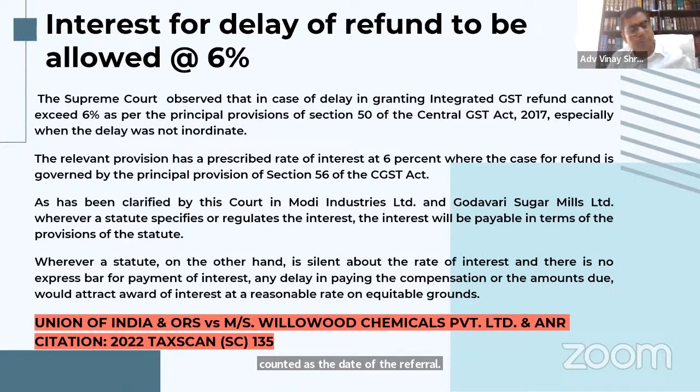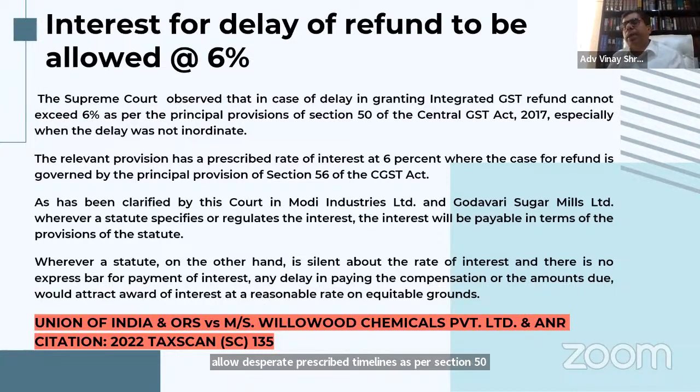And the last issue which I wish to discuss today is with respect to the grant of interest. Since the inception of the GST Act, you will notice that in many cases the refund is not allowed as per the prescribed timelines. As per section 54, 90% of the provisional refund has to be given within 7 days, and the balance refund also has to be given in a time-bound manner.